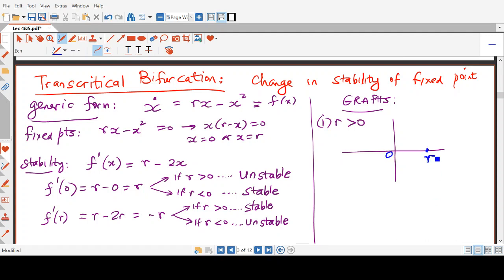So 0 and r. And it's x minus x squared. It's a parabola that's upside down, isn't it? Think about it. Minus x squared is upside down. So when r is more than 0, and then if you draw those arrow stories that I showed you earlier on, this is like approaching. This one here is positive. This side here is negative. You can see this guy here is unstable, and this guy here is stable.